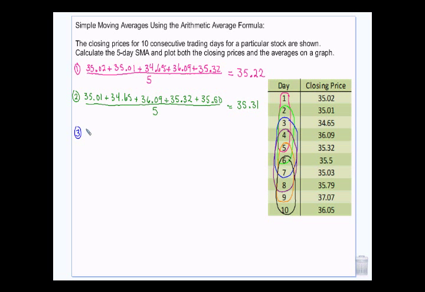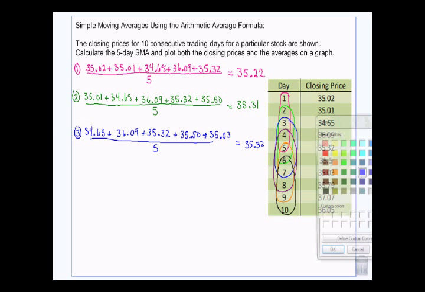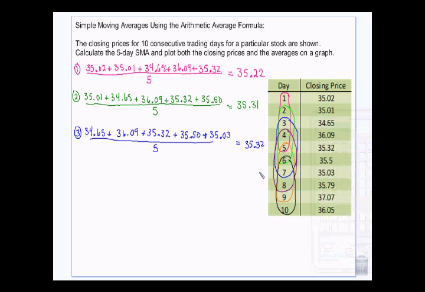Then the next 5 days, divided by 5, and that's going to give me 35.32. Then I take the next 5 days. So like I said, it's time consuming, as you can see.